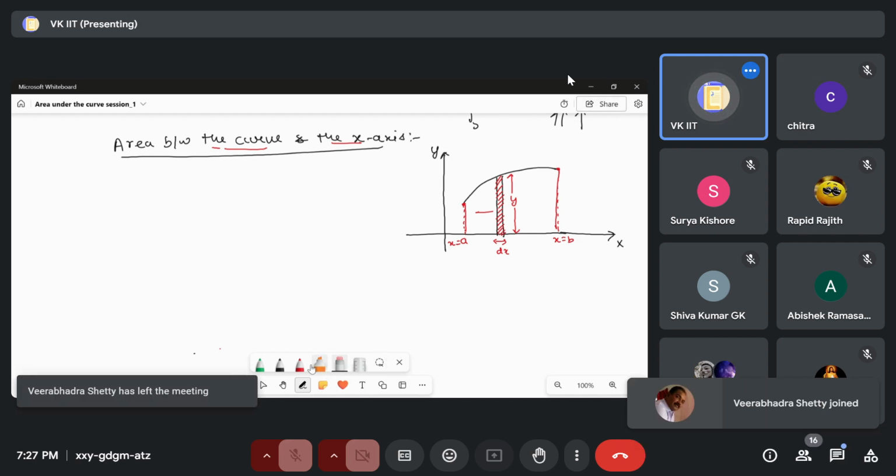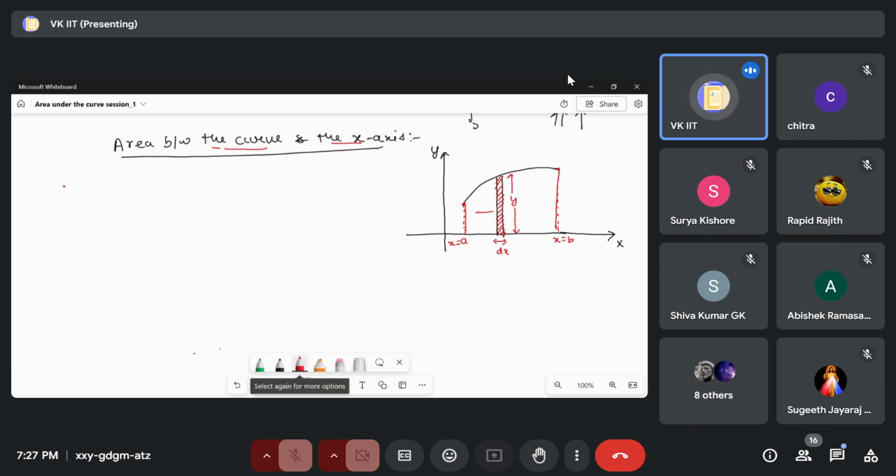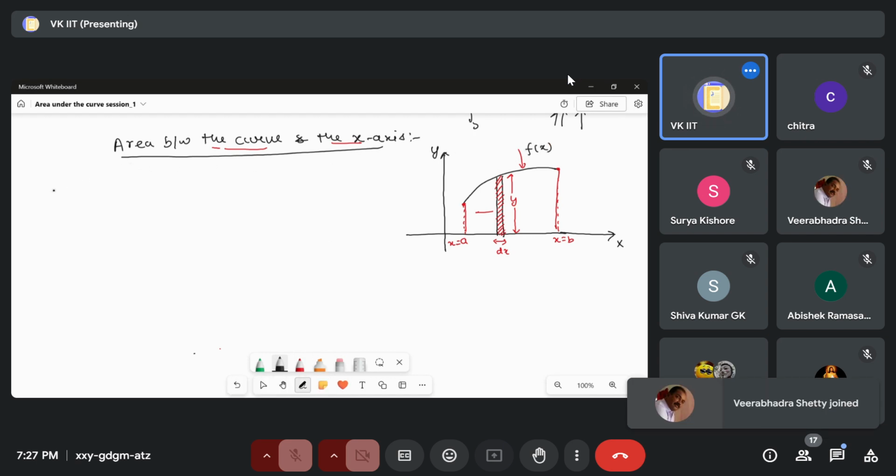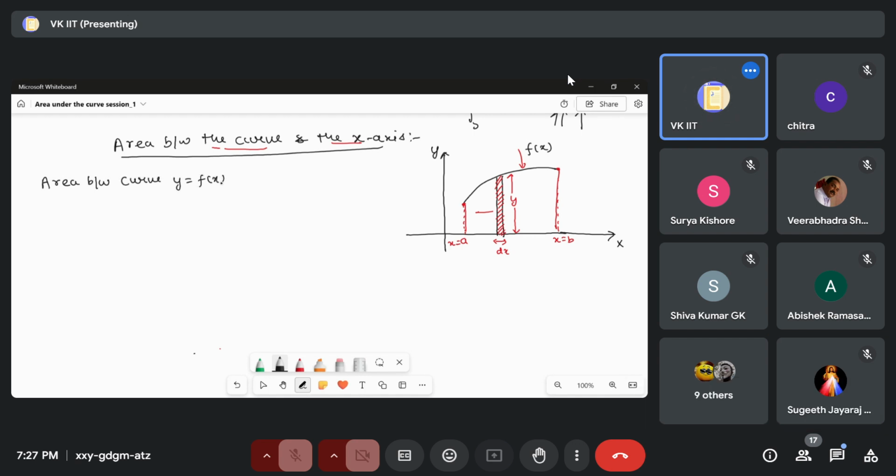Acha, one more thing, can we say that this is the curve? So the equation of this curve will be given by f(x), some f(x) will be given. So we'll write here the area between the curve y equal to f(x), the x-axis, x equal to a and x equal to b. What are these? These are the limits.